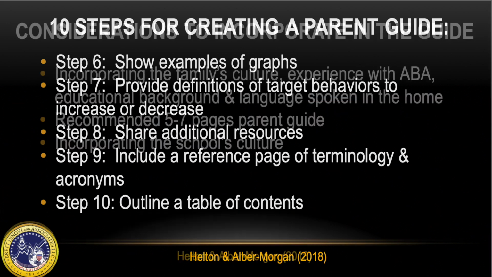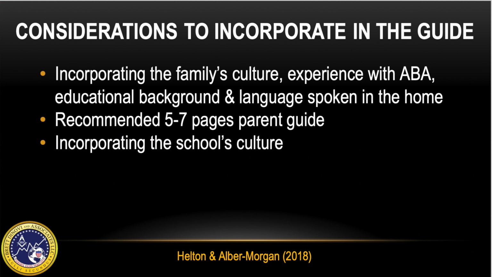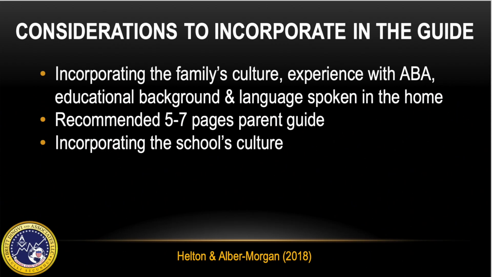The BCBA should incorporate each family's culture, be mindful of each family's range of experience with ABA, and be sensitive to each family's educational background. There are important aspects to include while creating this guide, such as focusing on increasing appropriate classroom behaviors and decreasing less desirable behaviors. Follow the recommended 5 to 7 pages as indicated in the article for your specific parent guide.